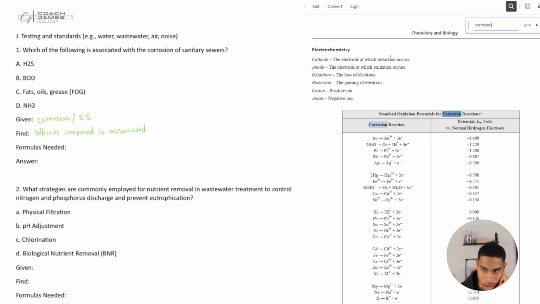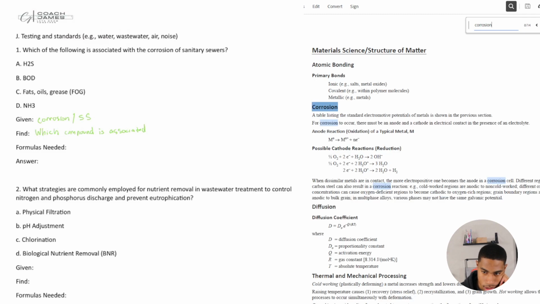They give you some definitions, which is pretty cool, but I still don't see it. Looks like hydrogen is involved a little bit.